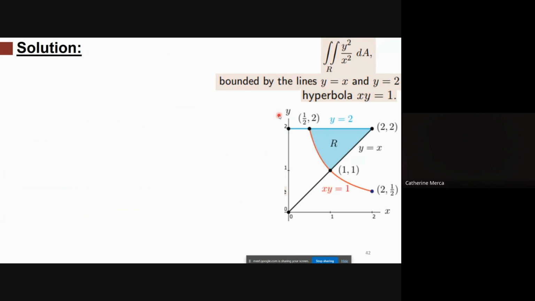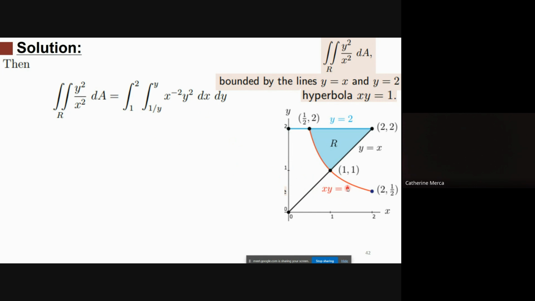In this case, we take a look. It's the function, right? So originally that one, but you can rewrite it as such. Notice that your x is actually equal to 1 over y.